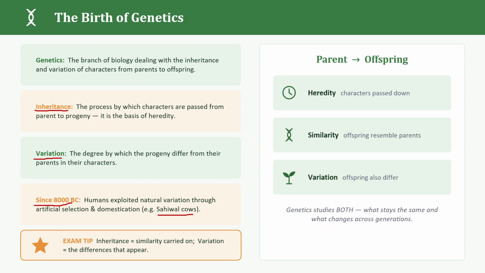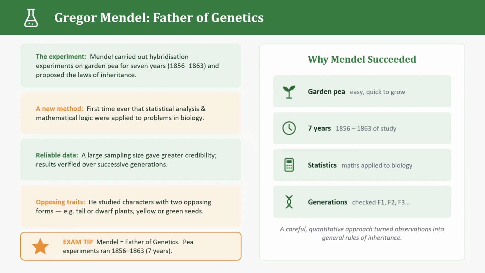Let's move on to the next one. Gregor Mendel, father of genetics. Mendel's experiment. Before Mendel, scientists had many ideas about inheritance, but none were supported by proper evidence. Gregor Mendel was an Austrian monk.